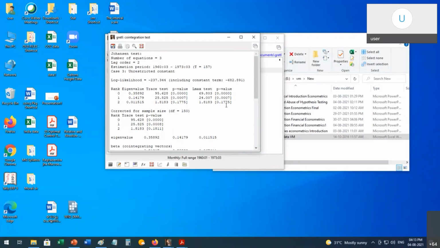Because if we reject for all the rows, all the n cases, where n, or we can use k, is the number of variables, that simply means that the variables that we use are stationary variables.